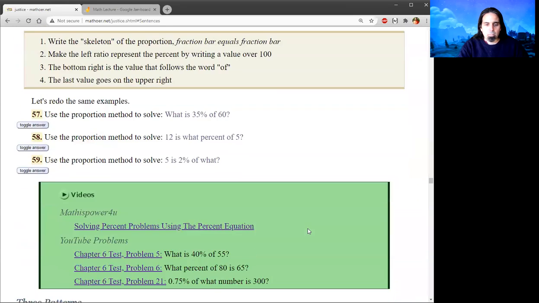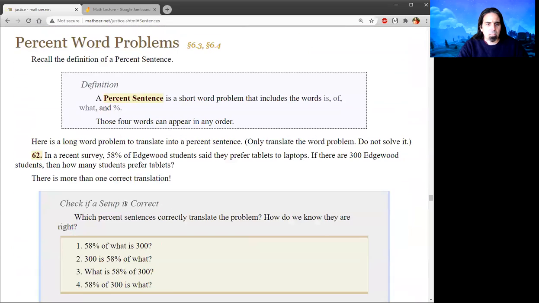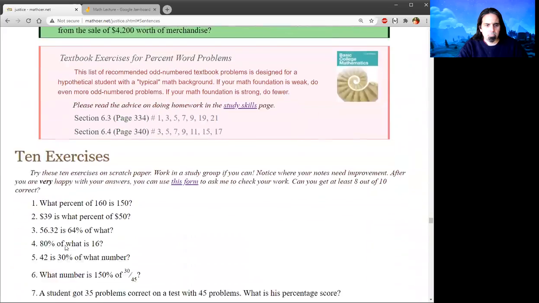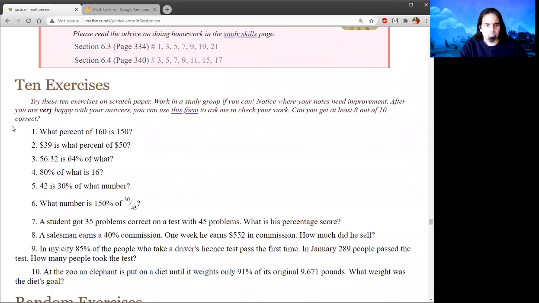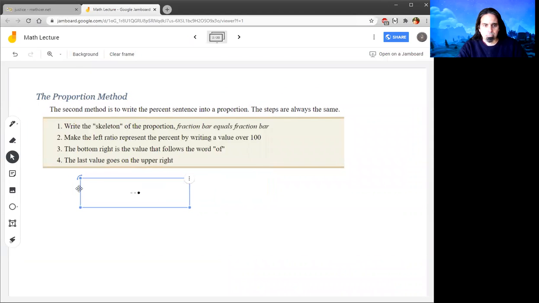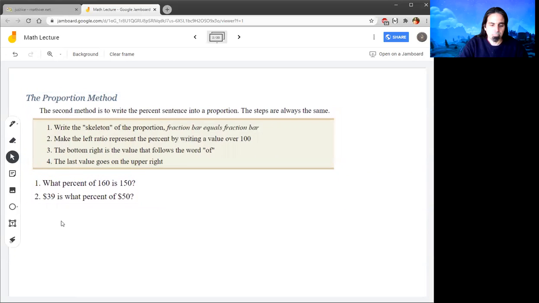So let's do an example both ways, and rather than one we've done before, let's just grab some of these. One moment.